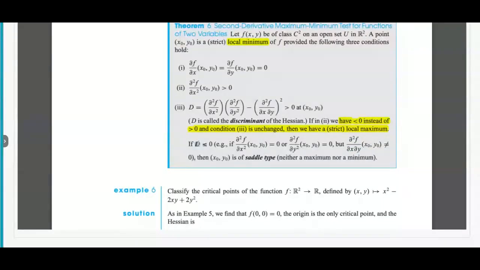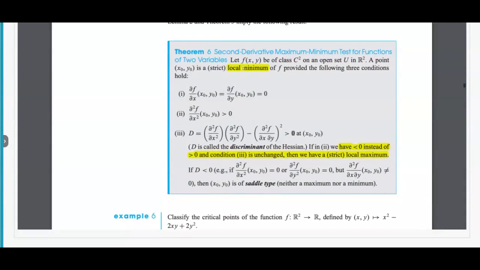If the discriminant is negative, then the point is a saddle point. If the discriminant equals 0, no conclusion. We have no idea about the critical point. We cannot classify it. We can only classify when the discriminant is positive and when the discriminant is negative.